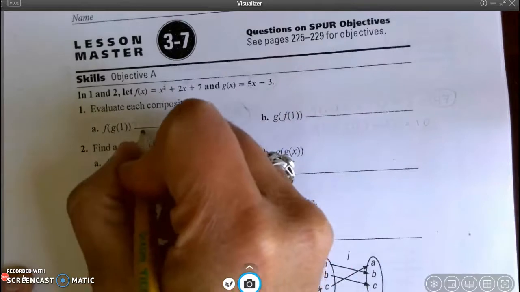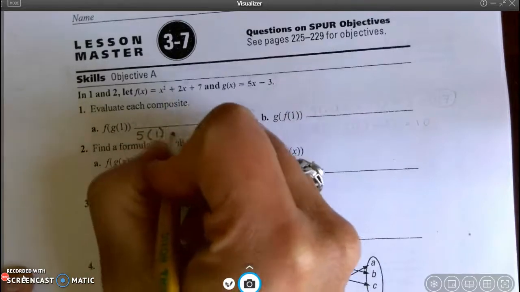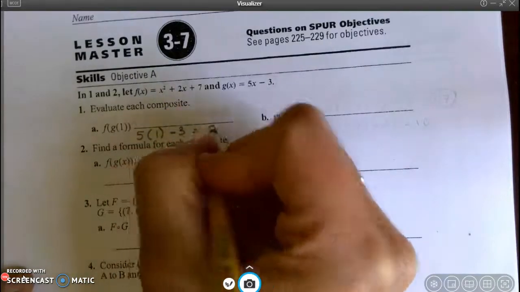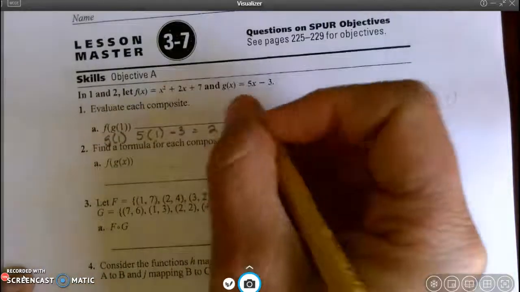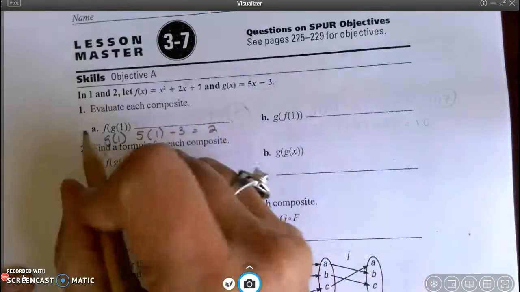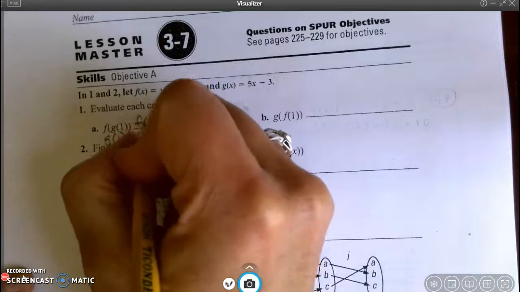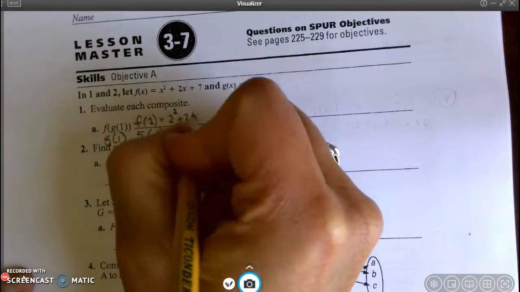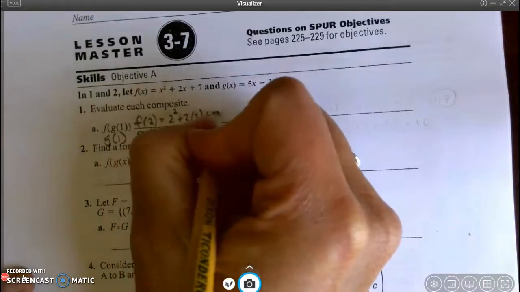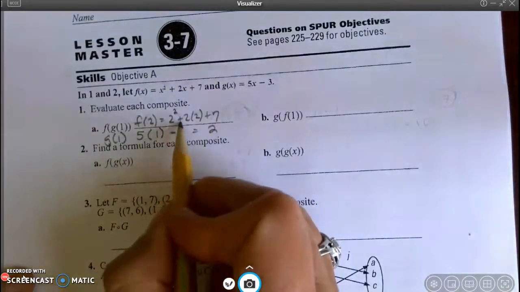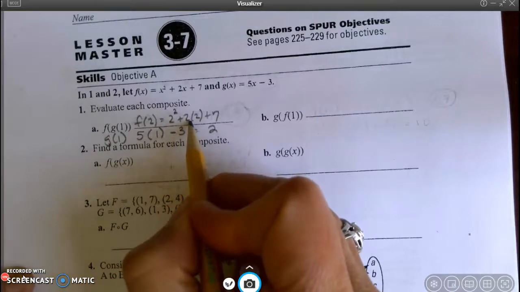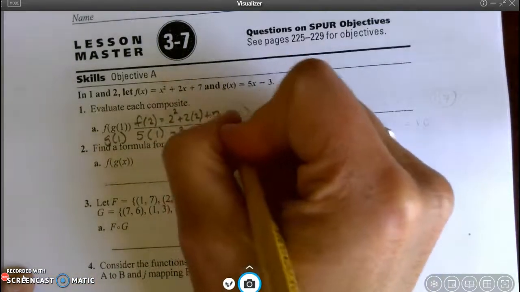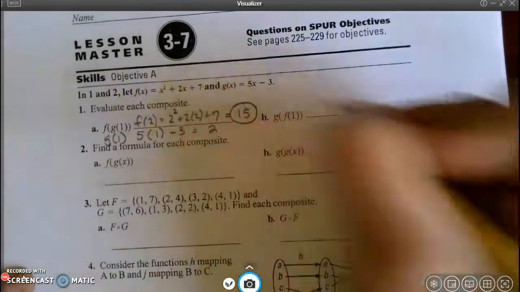When I do that, I have 5 times 1 minus 3, which gives me 2. And then I'm going to put that 2 into the f function. So f at 2 is 2 squared plus 2 times 2 plus 7. So that's 4 plus 4 is 8 plus 7 equals 15.